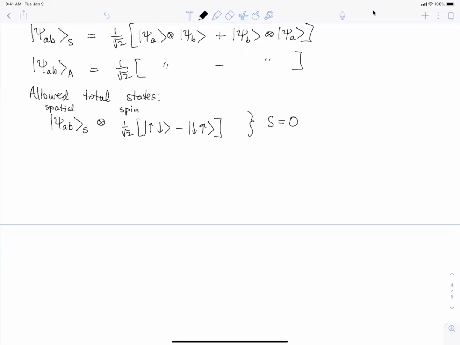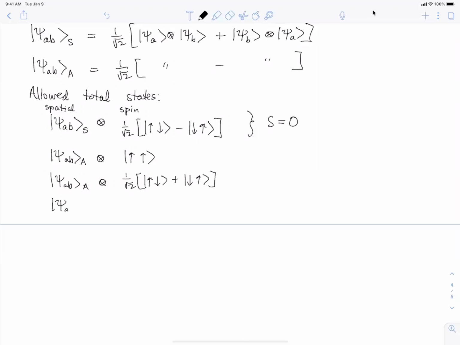And then I can do the anti-symmetric combination of the spatial state with any one of the symmetric spin states. So there's one. Here's another one. 1 over root 2 times spin up, spin down, plus spin down, spin up to make it symmetric.